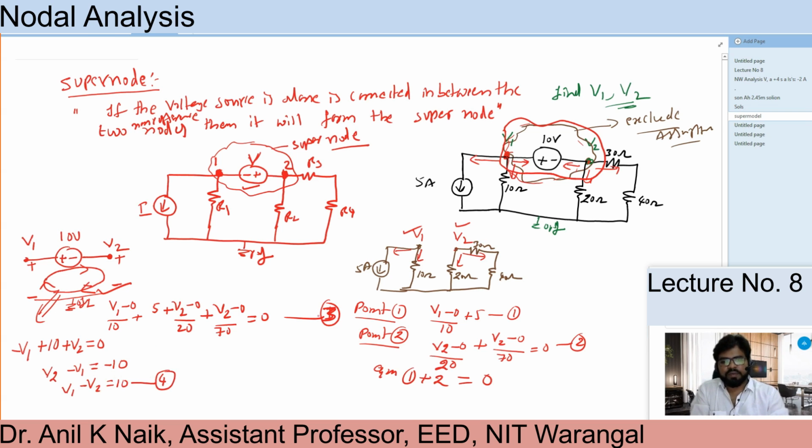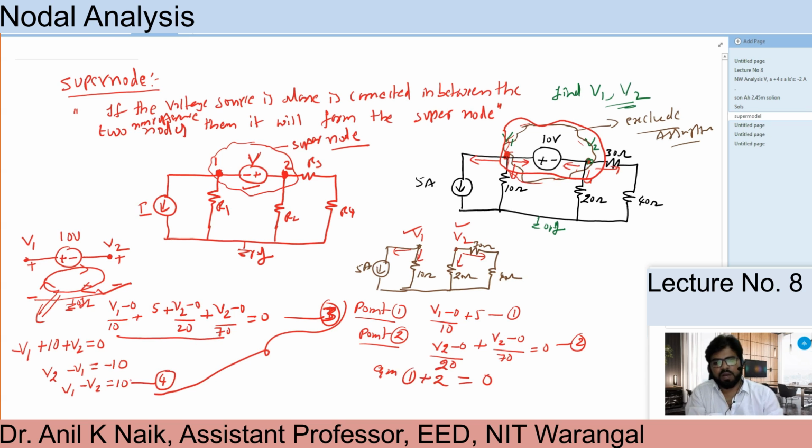Now these are the two equations we are getting from the super node analysis. Equation 3 and equation 4 are the two equations we have, and again we have the two unknowns, V1 and V2, we need to find.